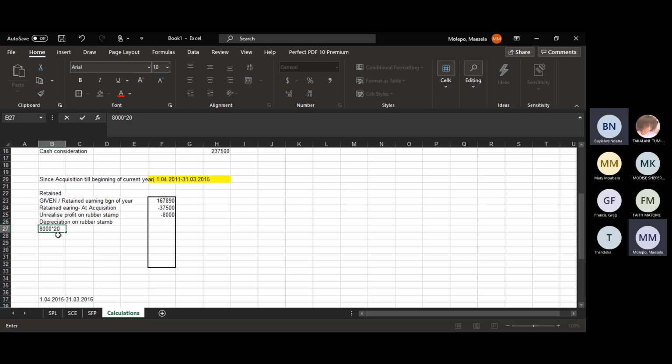In this case, how long did Takalani use the asset for the financial year ending 2015? It was the last part of the year: 3 months. Okay, times 3 divided by 12. So the depreciation, or the realization of that particular profit, will now be 400. So that 400, we're going to put it here.